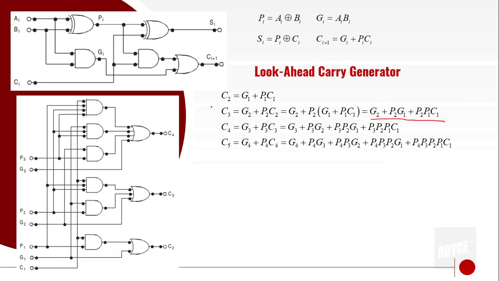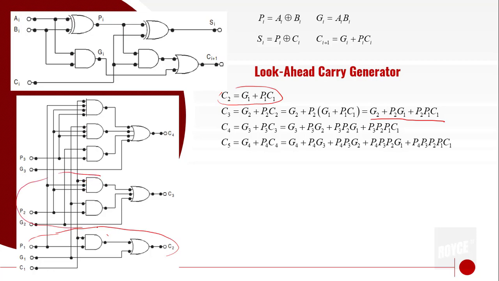Pag in-implement natin, tingnan nyo si C2. G1 plus P1 C1. Ito siya, G1 naka-OR sa P1 tsaka C1. Ito pala si C2. C3, G2 plus P2 G1 plus P2 P1 C1. G2 plus ito P2 G1, and then ito is P2 P1 C1.